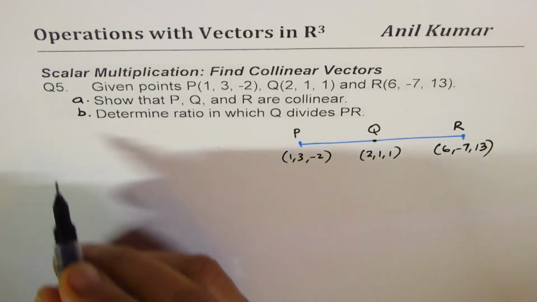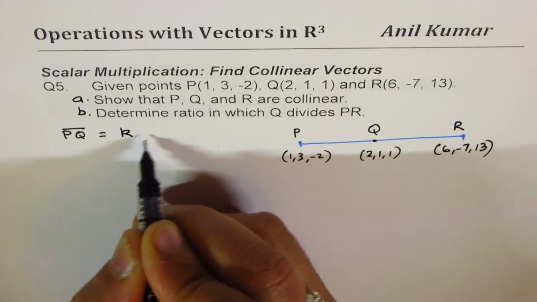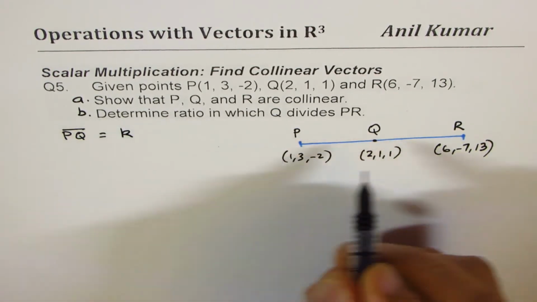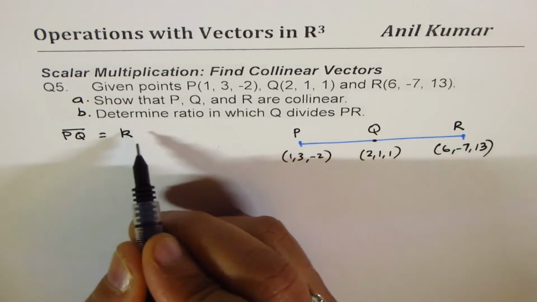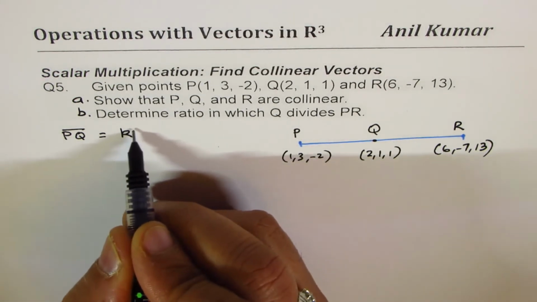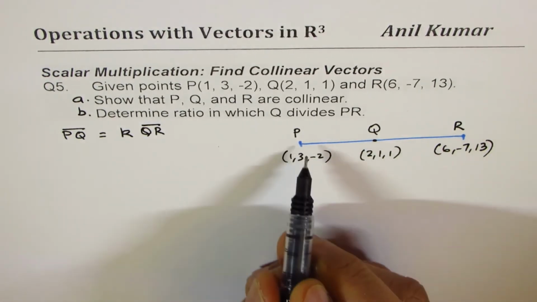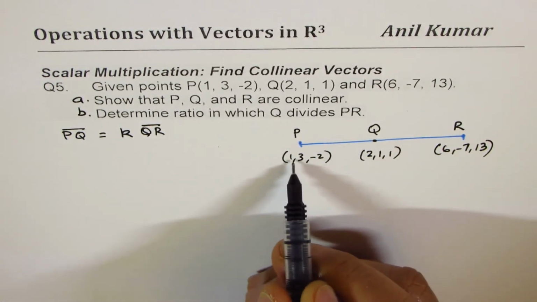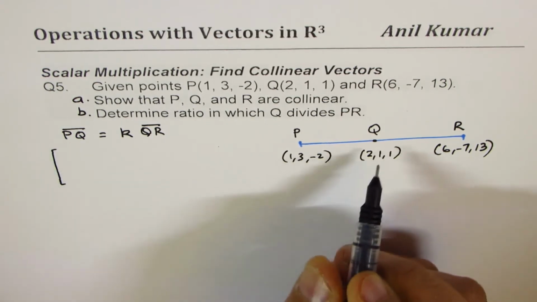The way to show it is that if I could say that PQ is a scalar multiple of QR, that means they are collinear, right? What is PQ? PQ means this minus this. So this time, to find PQ, we'll write in vertical form.